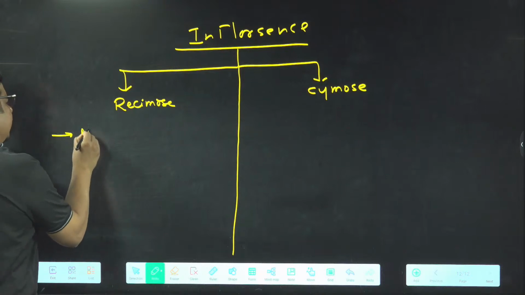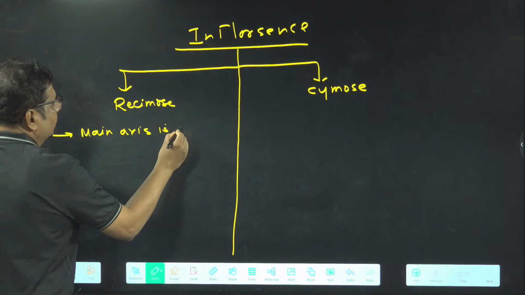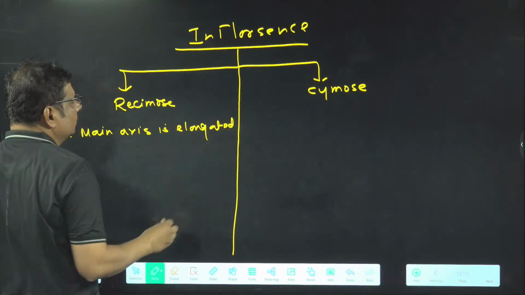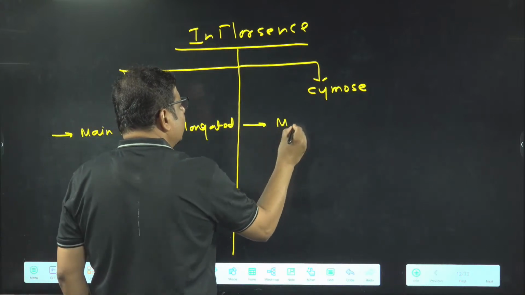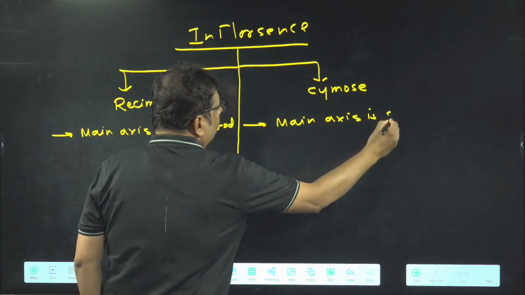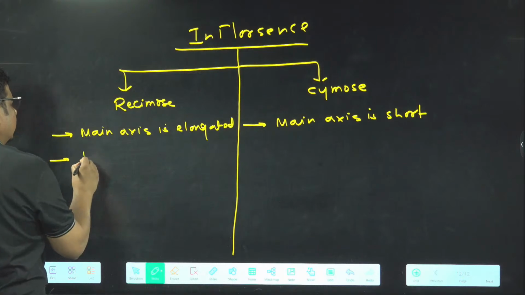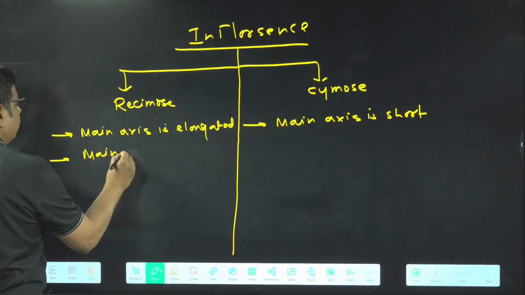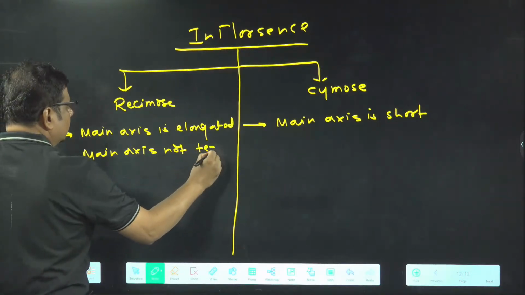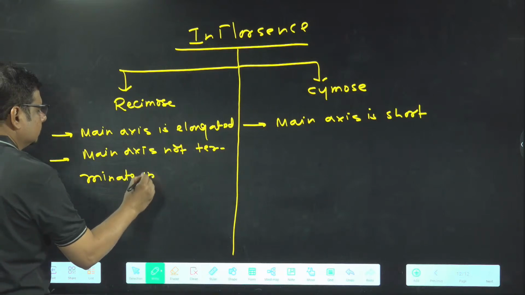Here the main axis is elongated in racemose. Here in cymose, the main axis is short. Another difference: in racemose, the main axis does not terminate into flower.